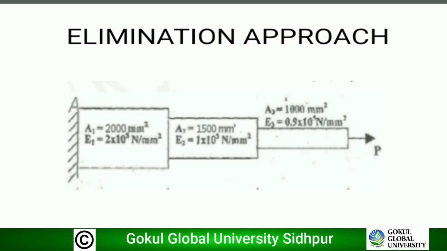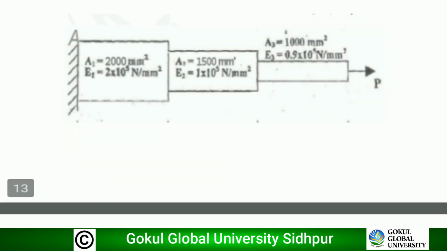And next is the stress equation, which is EBQ, which we described in the elimination approach. From there you can easily calculate stress sigma 1 and sigma 2 for the two elements 1 and 2.